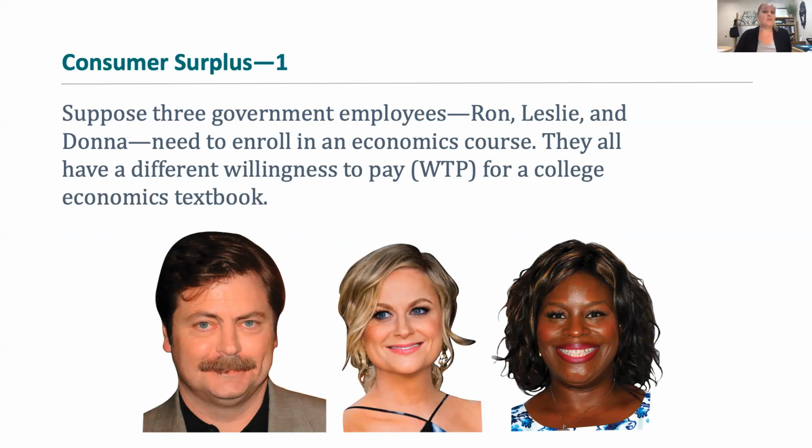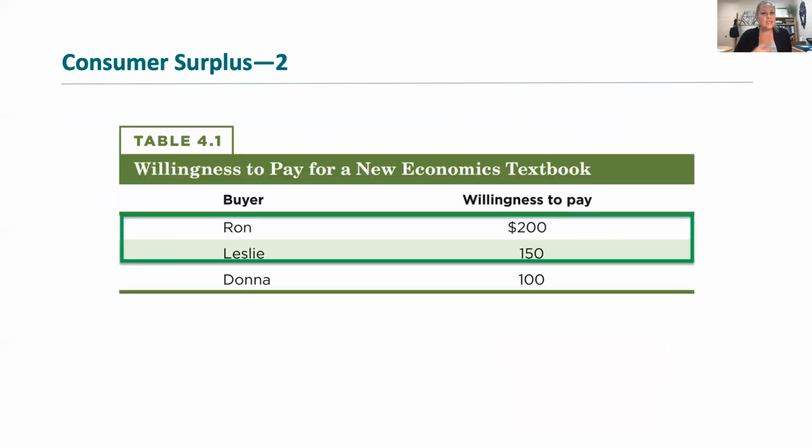Suppose we have three government employees, Ron, Leslie, and Donna. You may recognize them. They need to enroll in an economics course and buy a textbook. They each have a different willingness to pay, often denoted by WTP, for a college textbook. Willingness to pay is an individual measure that each of us knows inside of ourselves.